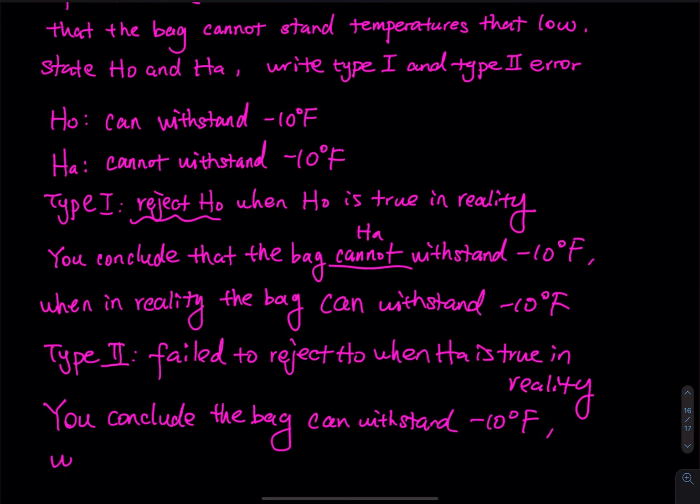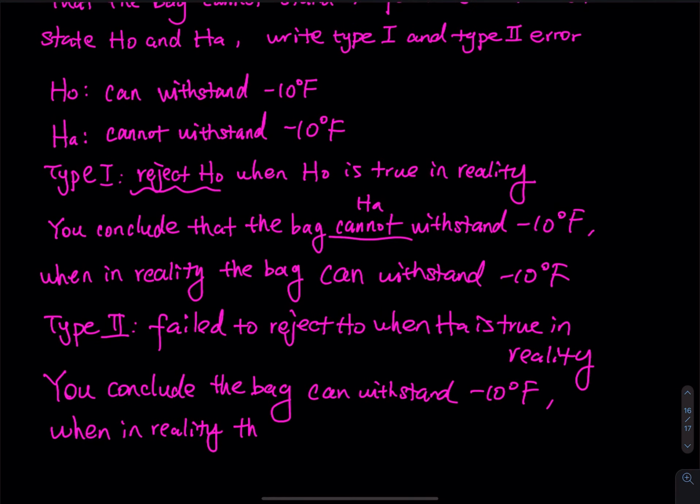And then when in reality, the bag what? When HA is true. HA is cannot. Okay, so when the bag cannot withstand negative 10 degrees Fahrenheit. So that's type 1 error and type 2 error.